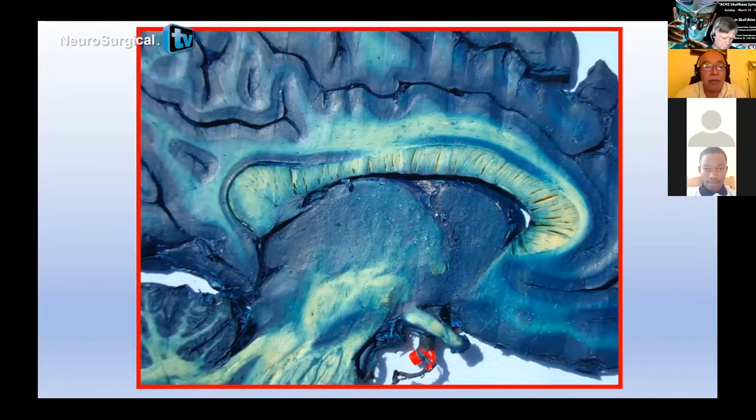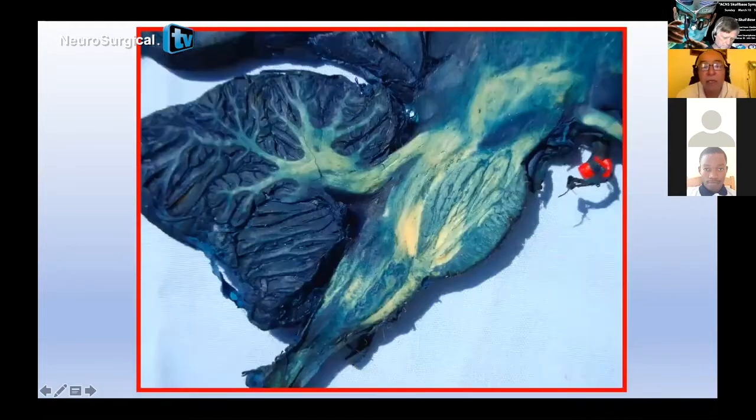Like here we have the callosum body. This is the callosum body. The cingulum. Look at this. This is cingulum. And here we have some nuclei of the brain.